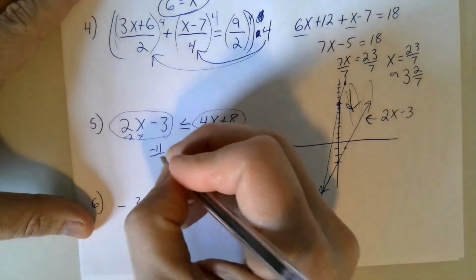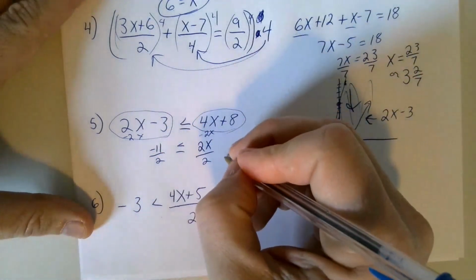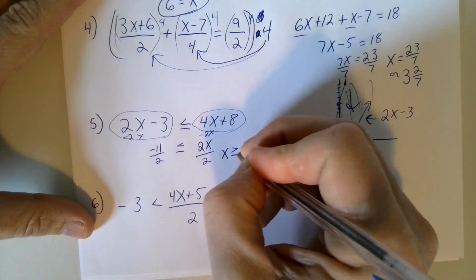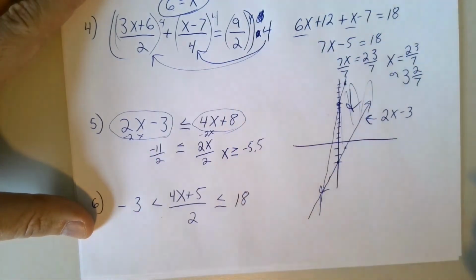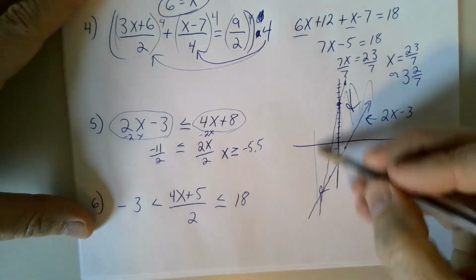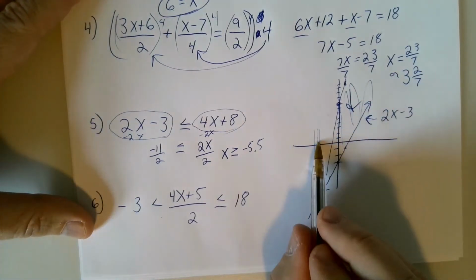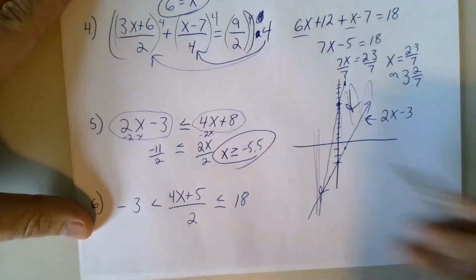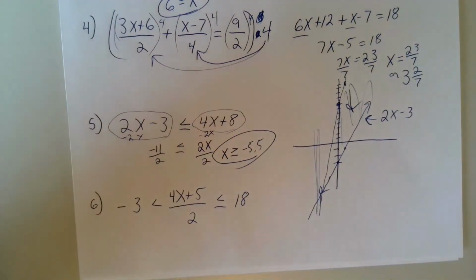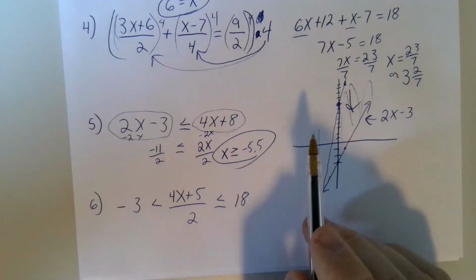Divide by 2, divide by 2. And x is greater than or equal to negative 5.5, which you can see matches my thing. We said it's going to be that way over, so logically this matched up with my answer. x is greater than or equal to negative 5.5.